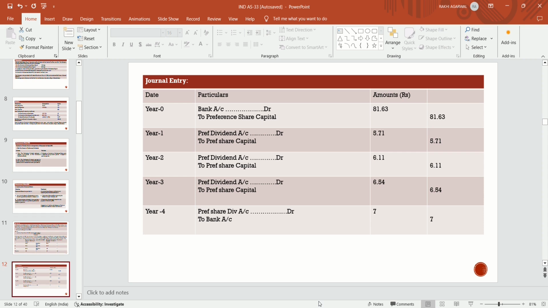In year 2, preference dividend account debit to preference share capital, 6.11. It will be accumulated to preference share capital in the first 3 years. That is, in year 3 also, preference dividend account debit 6.54 to preference share capital. In year 4, it will be paid: preference dividend account debit to bank by 7.